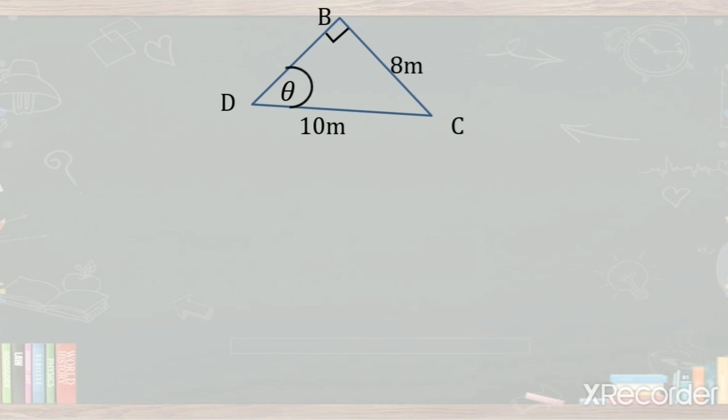Now for the second step, related to the angle, we have to find the sides. Related to the angle theta, 8 meter means opposite, and 10 meter means hypotenuse. Then opposite over hypotenuse means sine theta. Then thereafter we can substitute the values as the third step.